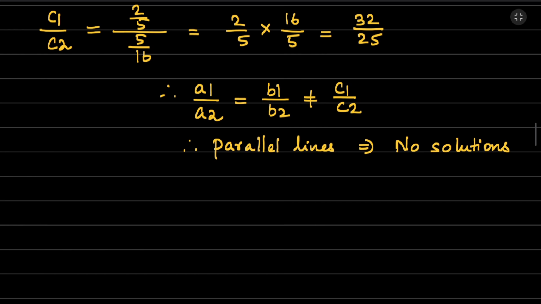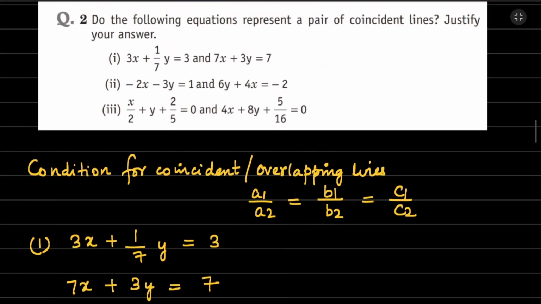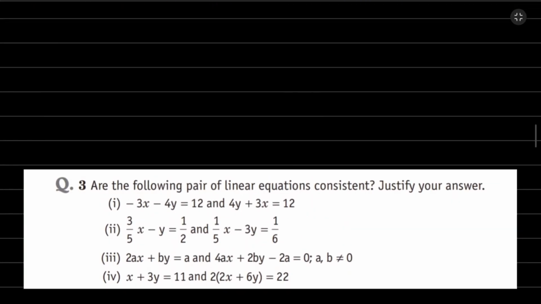The third category is when the first two ratios are equal and not equal to the third. That means the lines are parallel and represent no solution, and these are inconsistent systems. We have done all three parts of question number 2. Let's move on to question number 3.